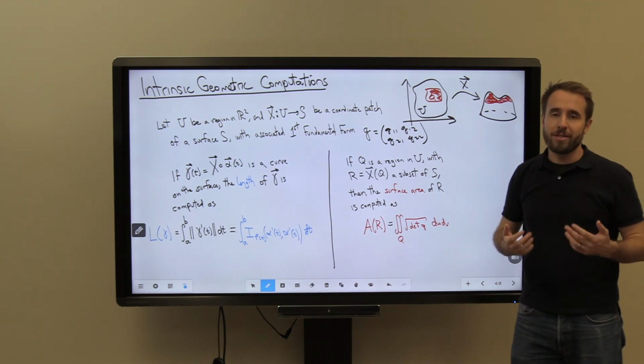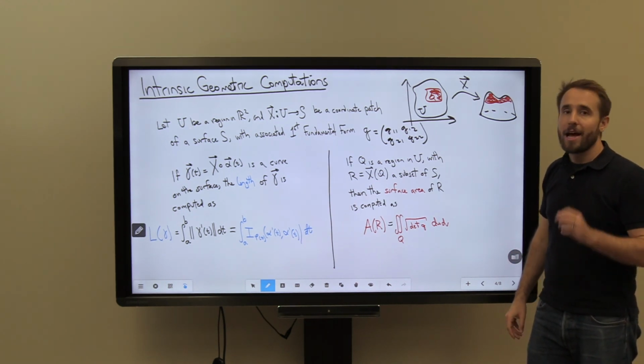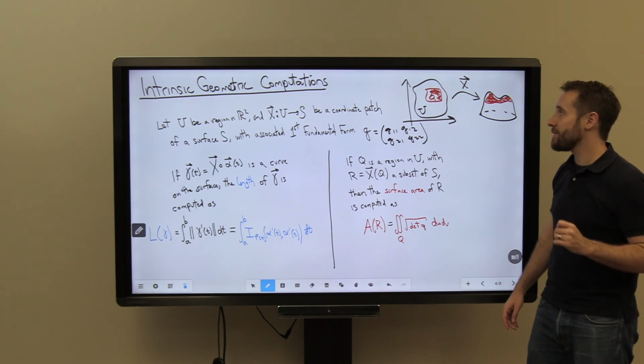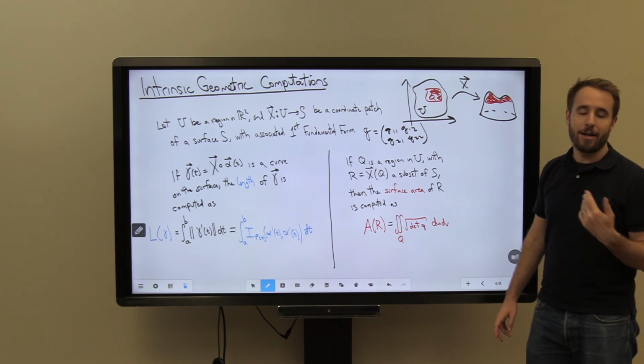So it's called an intrinsic geometric computation, and the first fundamental form is what allows us to compute such intrinsic expressions.